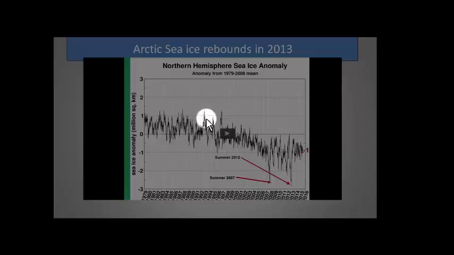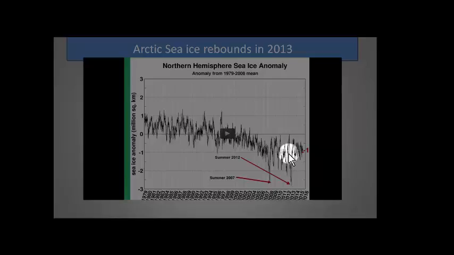Now we see why Dr. Francis picked 2012 to be the end of her slide. This was the year in which the Arctic sea ice melt was at its maximum. Right here. She can't show the 50% rebound in 2013 because man-made carbon dioxide in the atmosphere is greater than ever before.